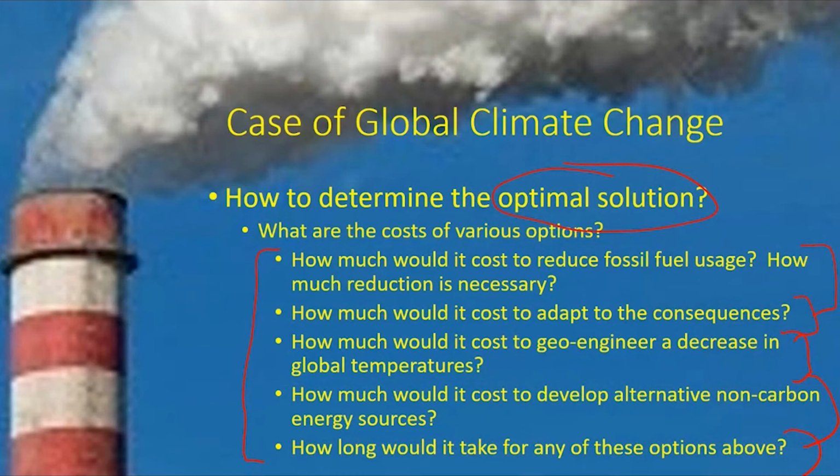The science tells us that the temperature of the globe is changing and that's going to affect weather conditions and ocean levels and things like that. The economics of the problem is much more complicated because it involves determining the costs and benefits of various types of actions. And if we want to think about this completely, we should be considering all of these different options and trying to weigh the costs and benefits of all of them against each other.